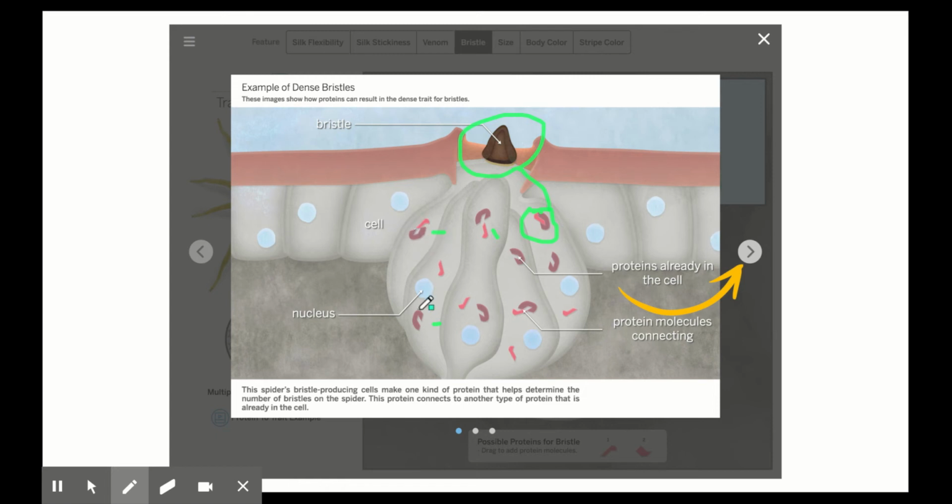If these were connected the same way that I showed you with the strands that I was building, the more that connect, the more bristle you have, the more bristle density.